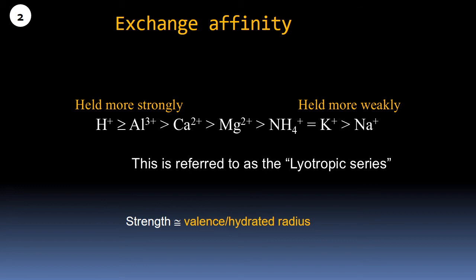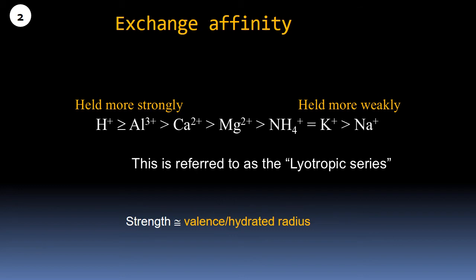Remember, it's not only about the number of charge, but we now apply the concept of strength, which is basically the valence over the hydrated radius. So by this concept, hydrogen is almost equivalent or more largely held in the soil than aluminum, and both of them will be held more tightly than calcium, and then magnesium, and then any other down here.